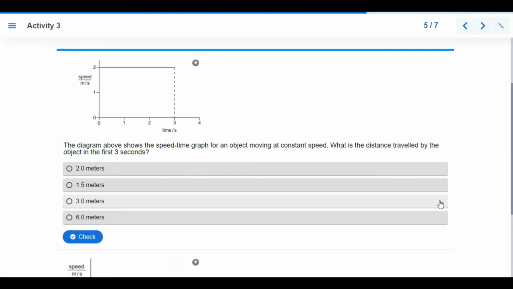So with that in mind, the distance will be speed times time.